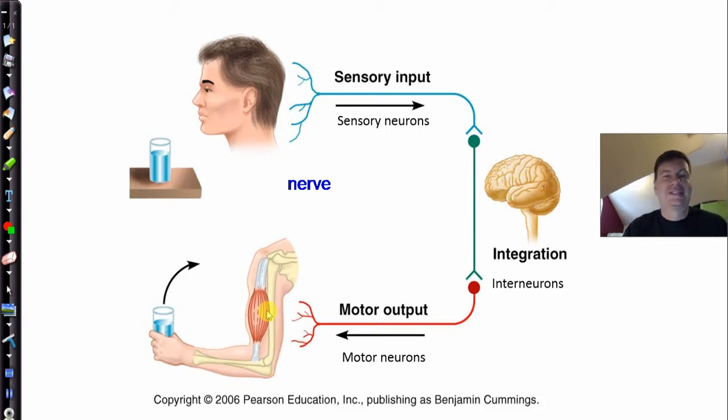In a way, it's kind of like a feedback loop, right? There's going to be a sensory reception, there's going to be an integration, and there's going to be a response. The big difference here, of course, is there's no homeostatic norm, or he's not trying to resist anything or trying to cause anything to happen. This is just the feedback cycle of you sense, you integrate, you react, you sense, you integrate, react.